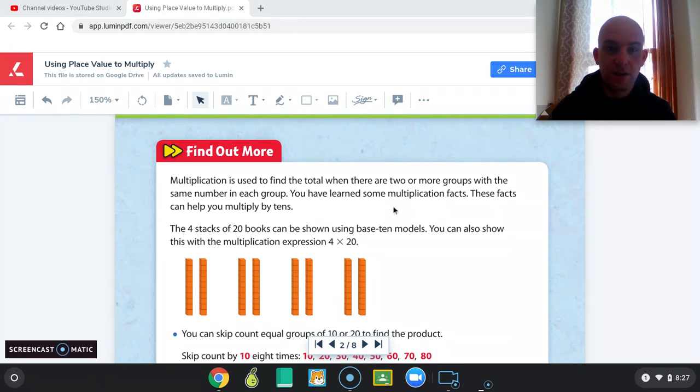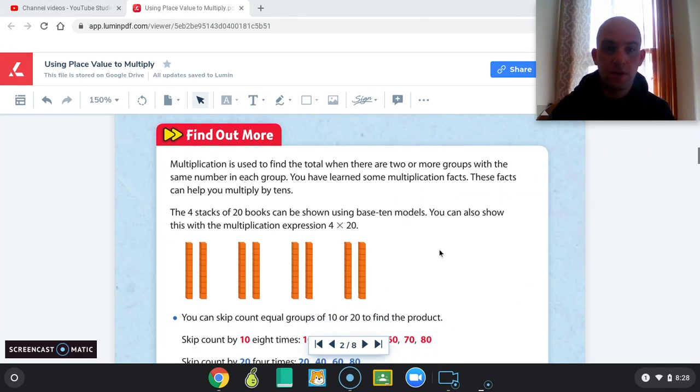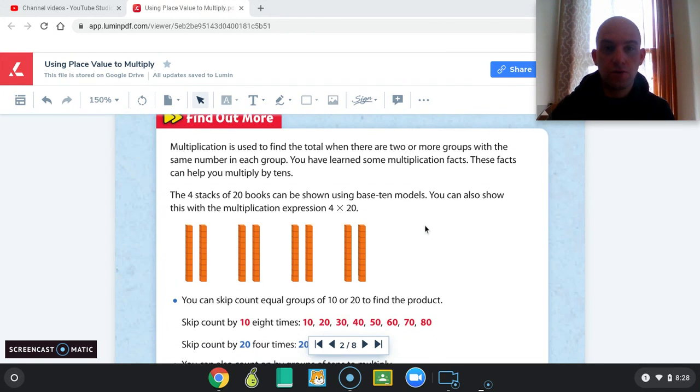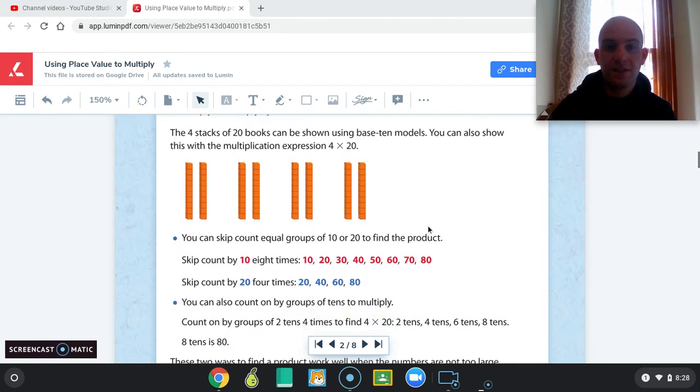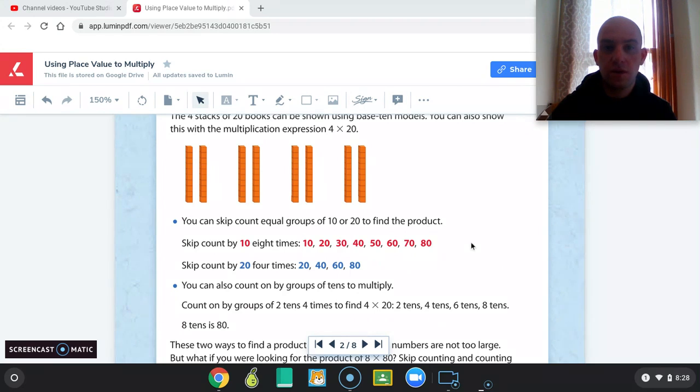The 4 stacks of 20 books can be shown using base 10 models. You can also show this with the multiplication expression 4 times 20. You can skip count equal groups of 10 or 20 to find the product. So skip count by 10 8 times, or you can skip count by 20 4 times.